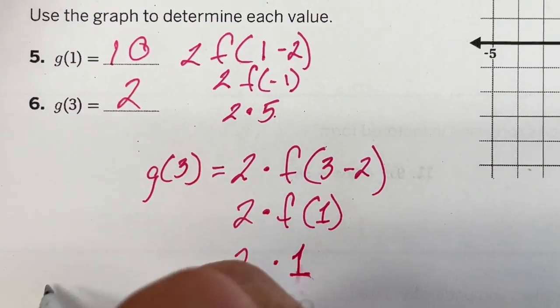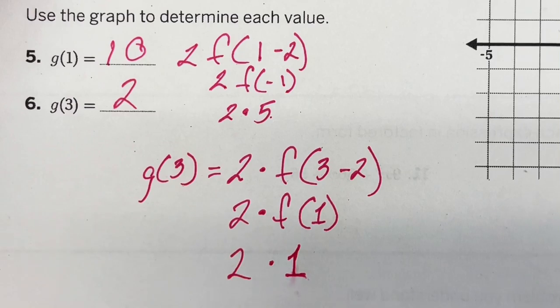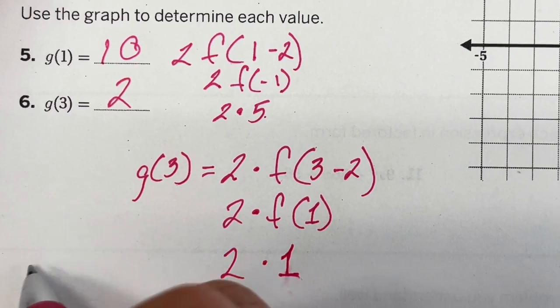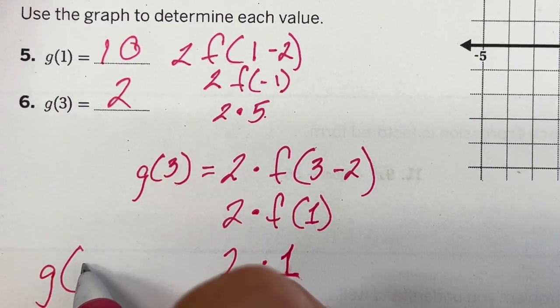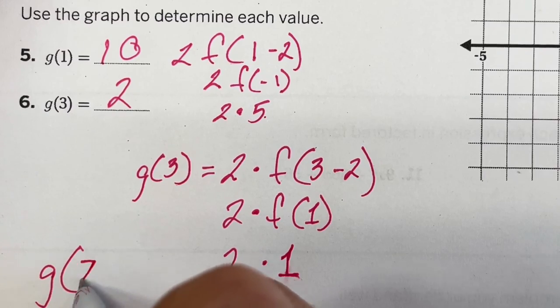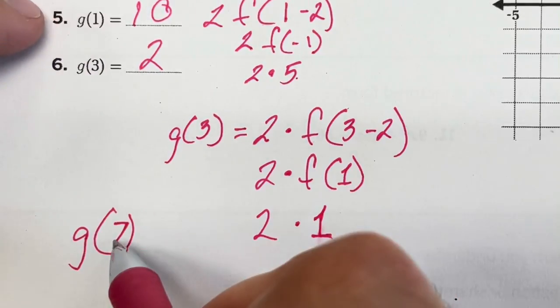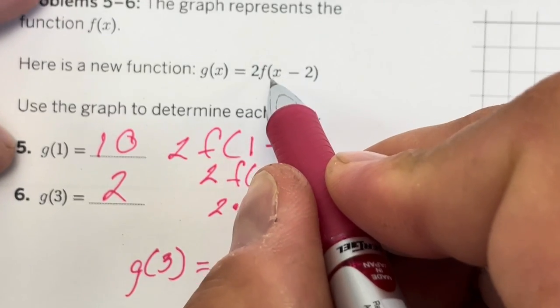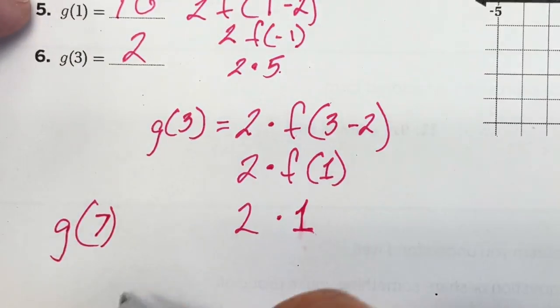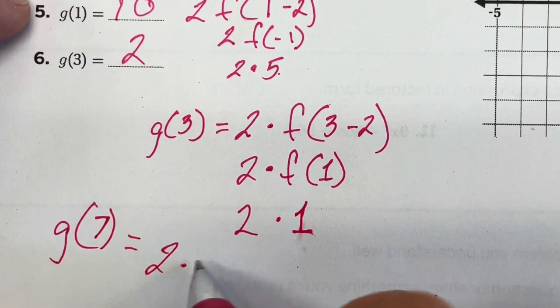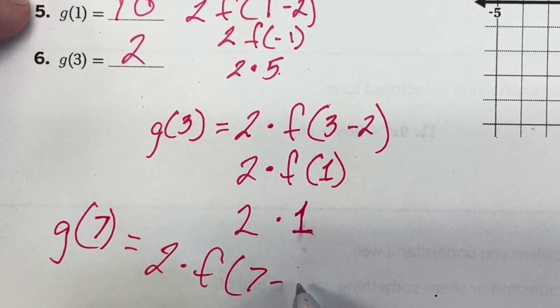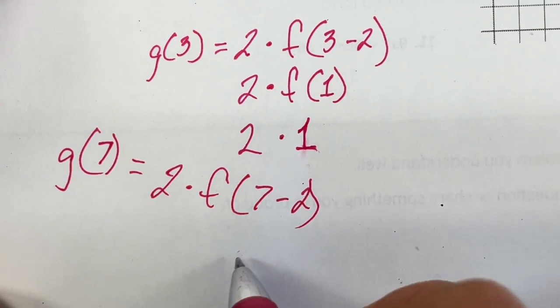Let's just do one more with this one. Let's say we wanted to go to g of 7. Well, to find g of 7, the function says, that's an x value. We're going to go f of 7 minus 2, so we're going to go to 2 times f of 7 minus 2. 7 minus 2 is 5.